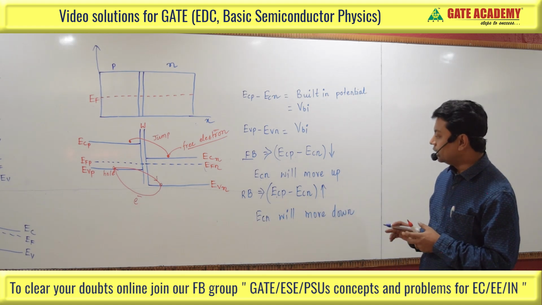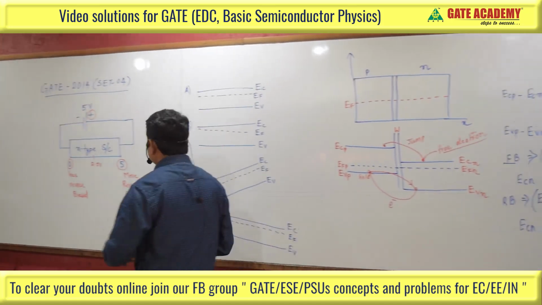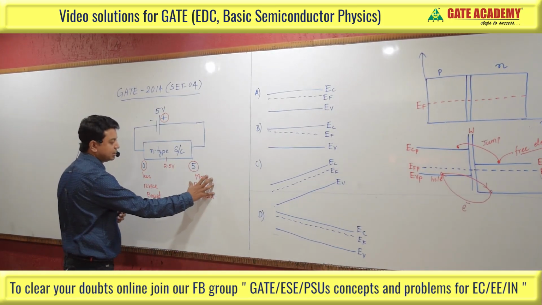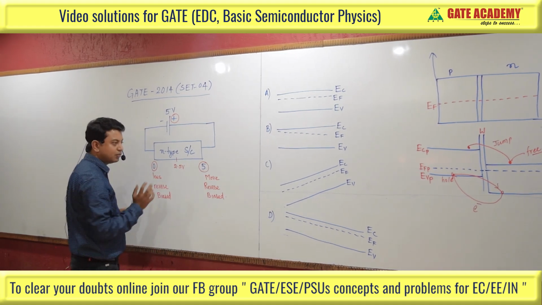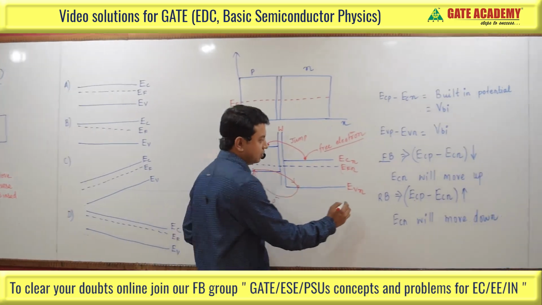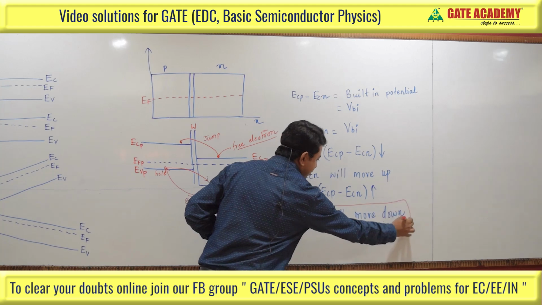That means in our question, in the N-type semiconductor, this is more reverse biased and this is less reverse biased. So both sides are reverse biased, and because this is reverse bias, we have to consider this line only.